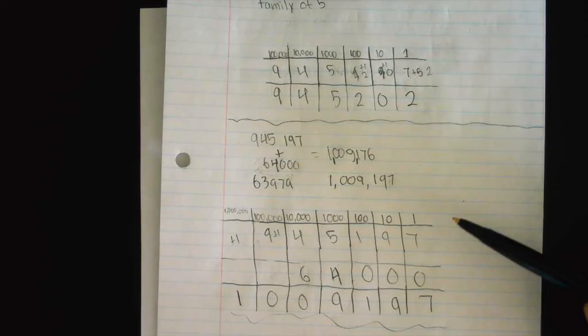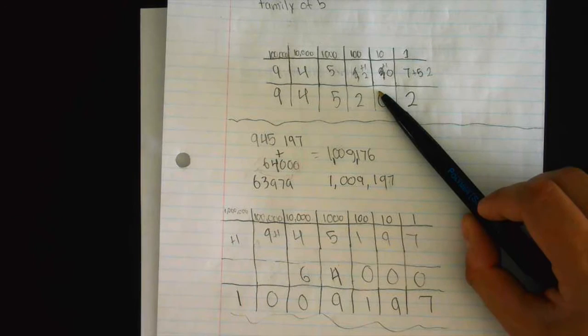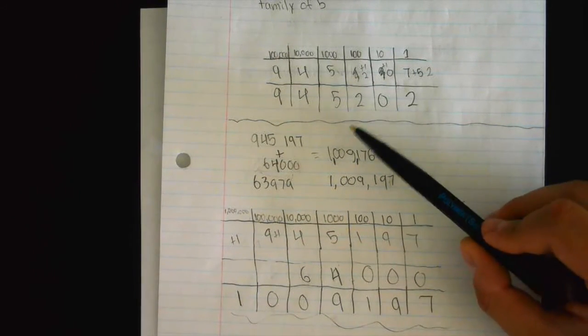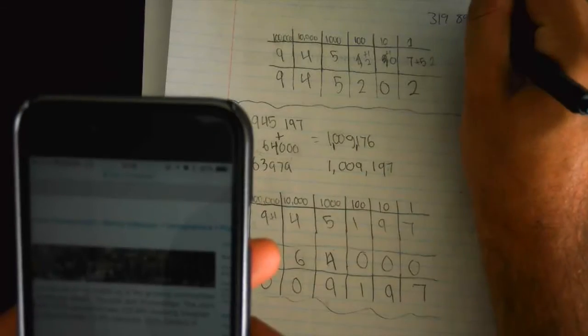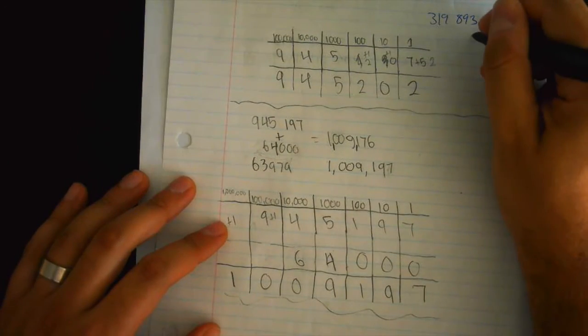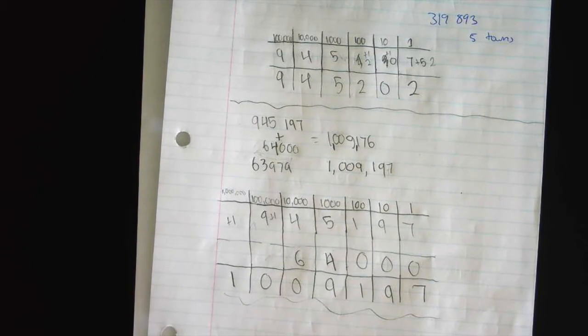Even though the population here is relatively accurate, we didn't know exactly how many people live in Maple. 893 is the approximate population of Vaughan. How many towns are in Vaughan? There's 5 towns.